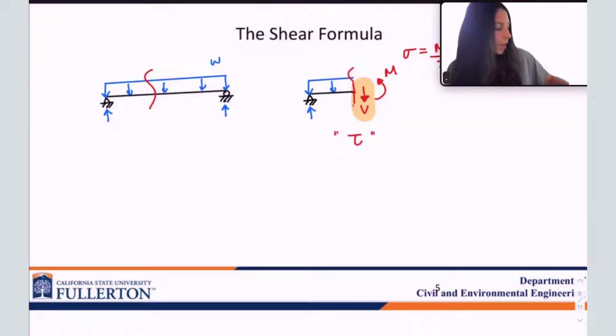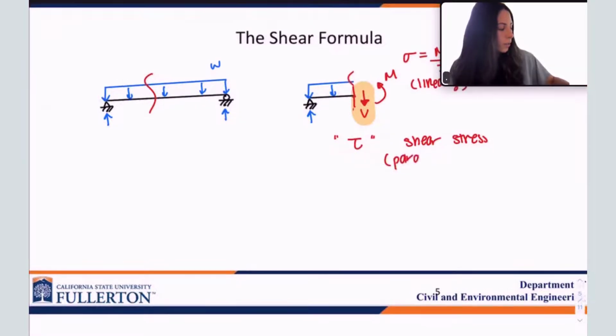This is the Greek letter tau, which we denote for shear stress. Okay. If this normal stress varies linearly, I'm going to show you that this is a parabolic distribution. It's a little more complex.